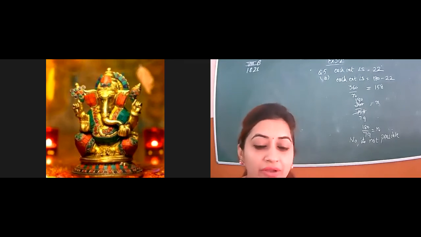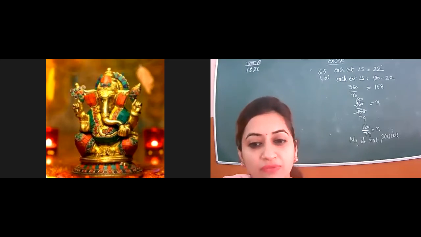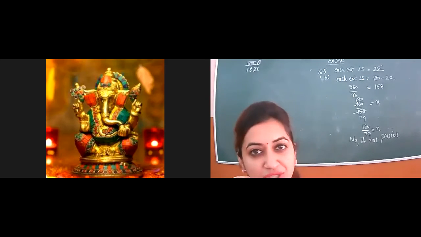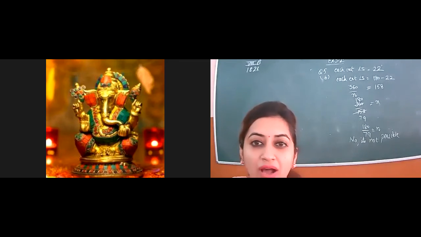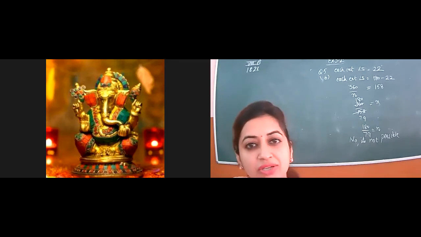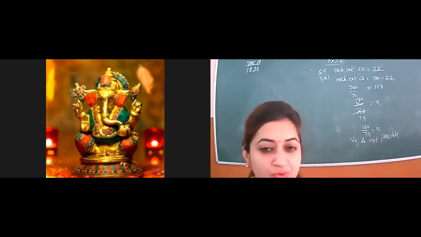Now we have 3 properties related to square. The diagonals of the square are equal. They bisect each other at right angle. Got it? Is it okay? So you can write this definition of square in your notebook.